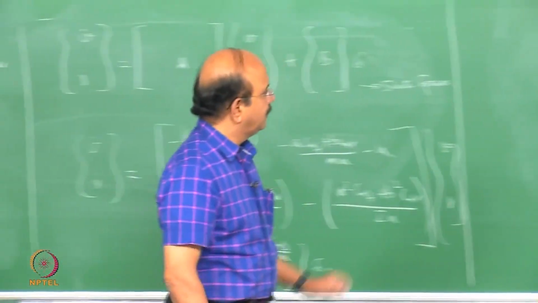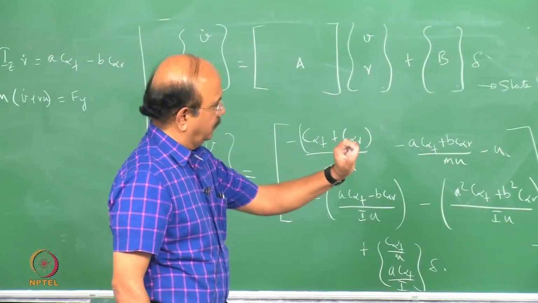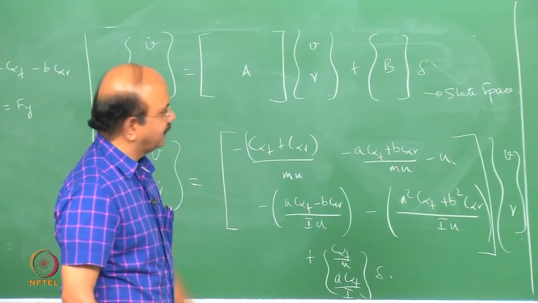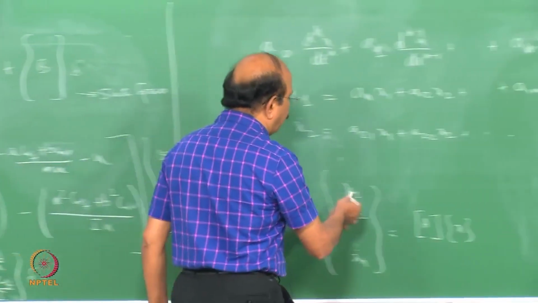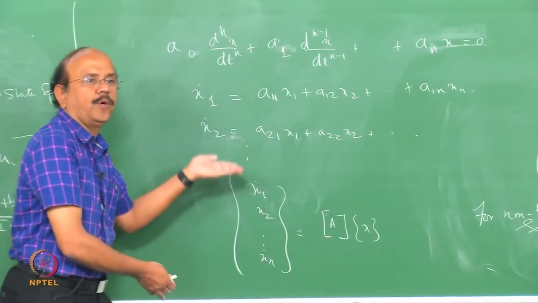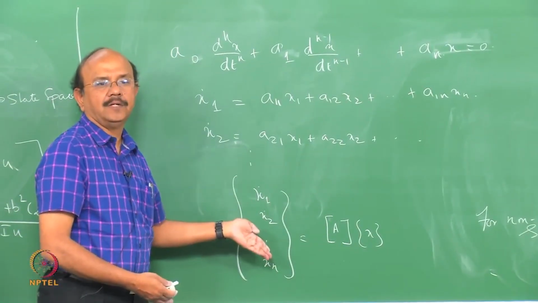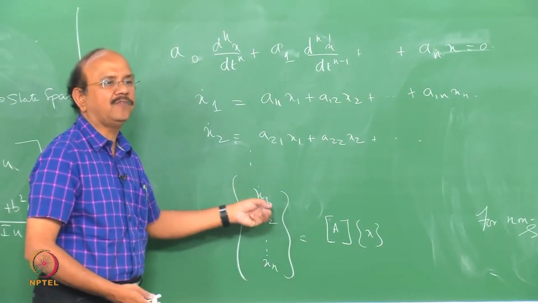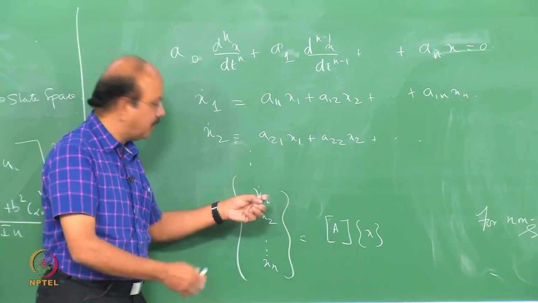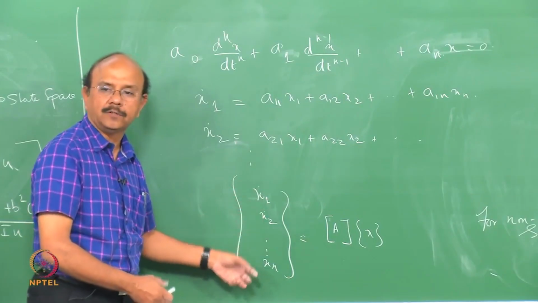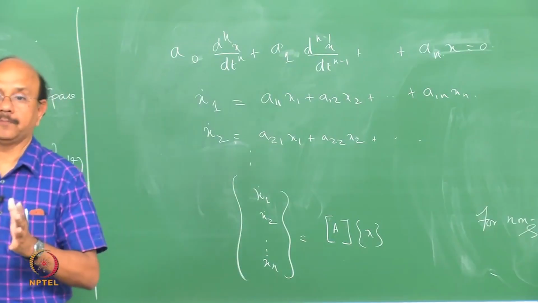Now that's known. Let us now look at the state space form. Please understand that this is one way. There is no unique way of writing this. This is one way of writing the state space. It's not necessary that you follow only a set called x1, x2, xn for state space.